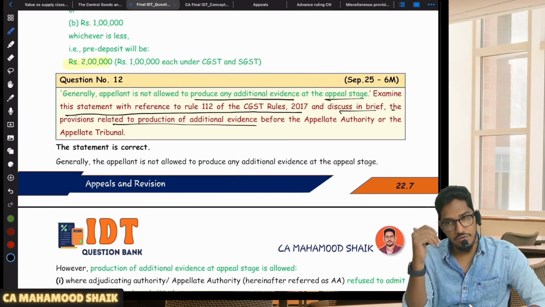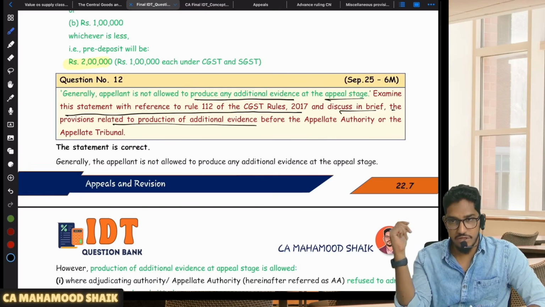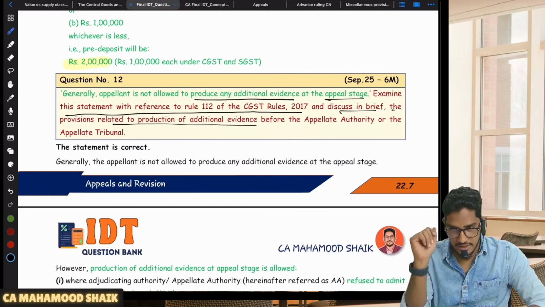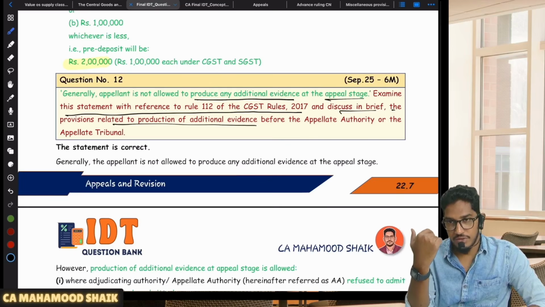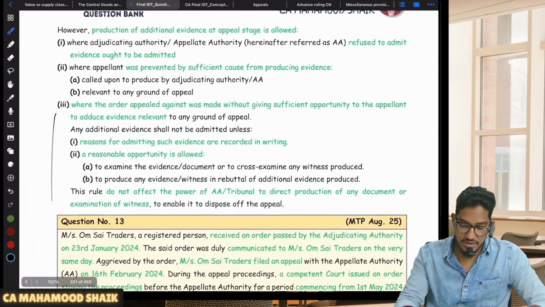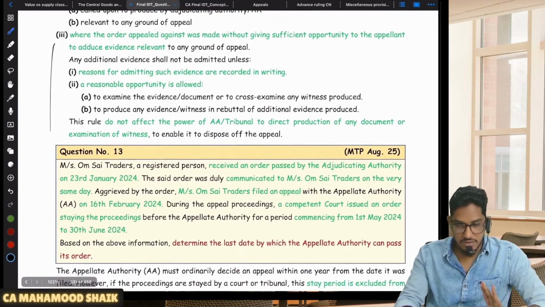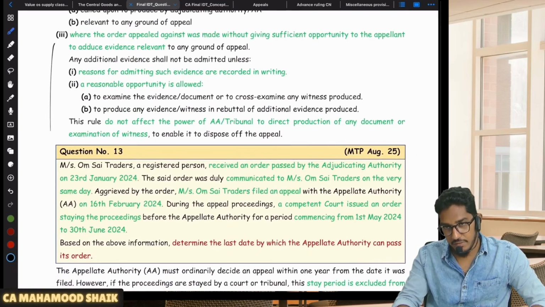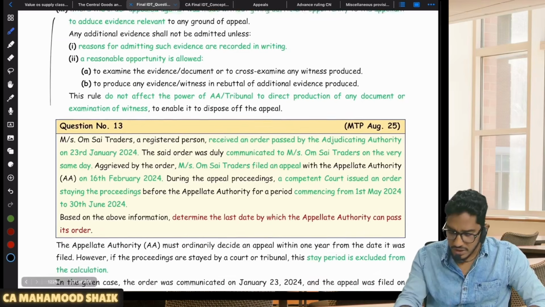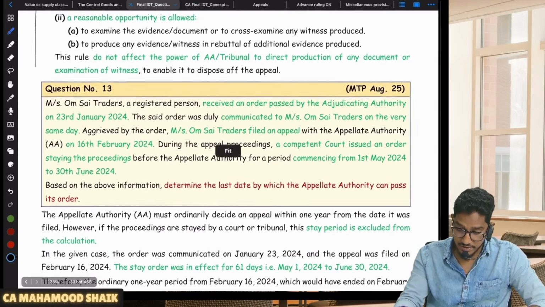Whatever evidences you did not produce before the adjudicating authority or appellate authority, that you can produce at the time when you have gone for appeal, but only in certain cases, like when he did not give you the opportunity, that evidence was not available at that point of time, and this was not considered. So like that, if you have some valid reasons, then the appellate authority can admit it, but while admitting they have to record the reasons in writing. So directly theory question, you can read it.